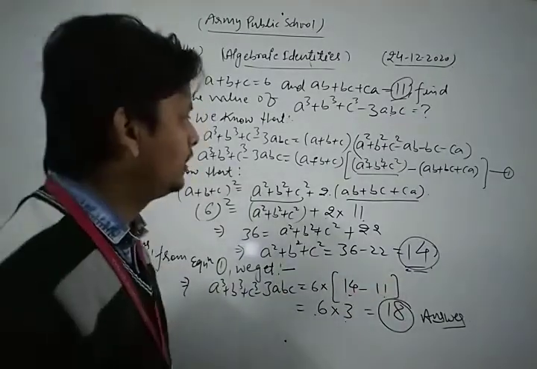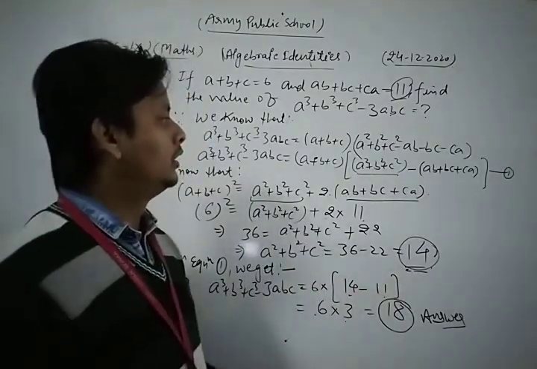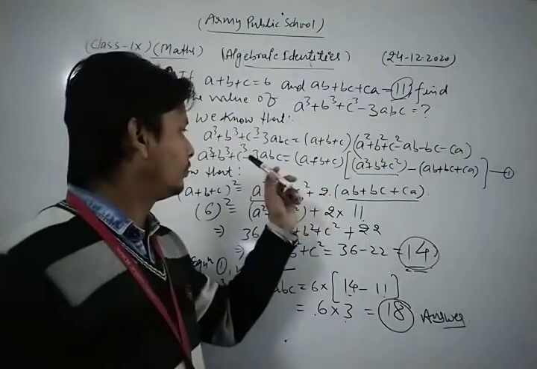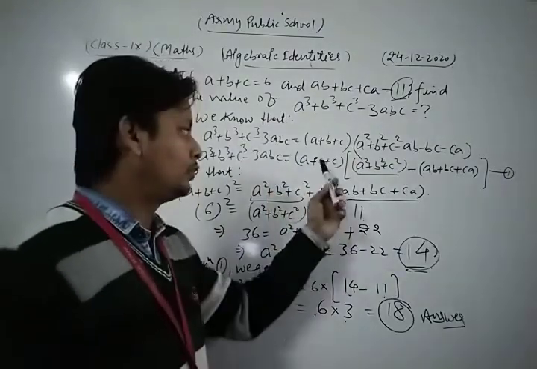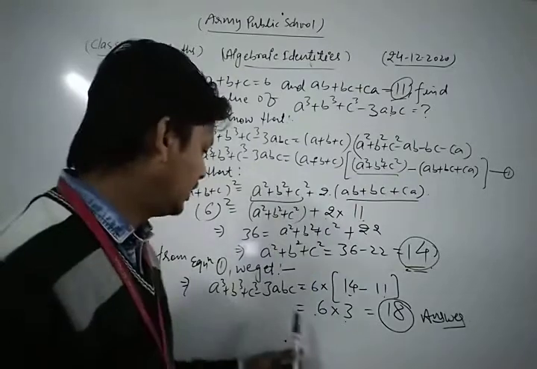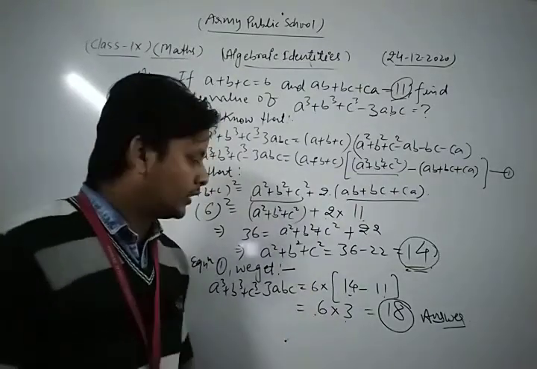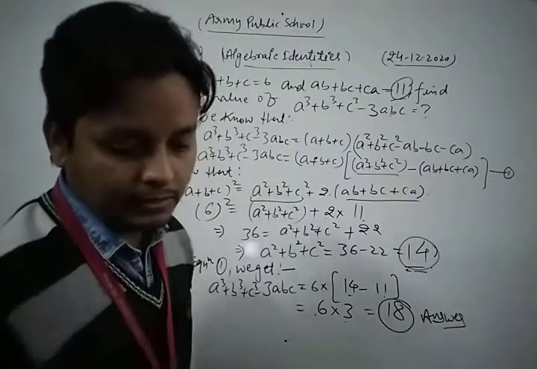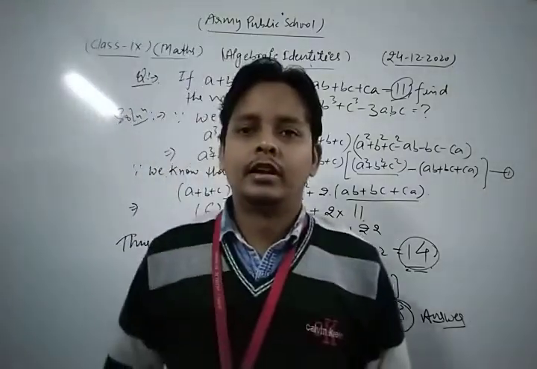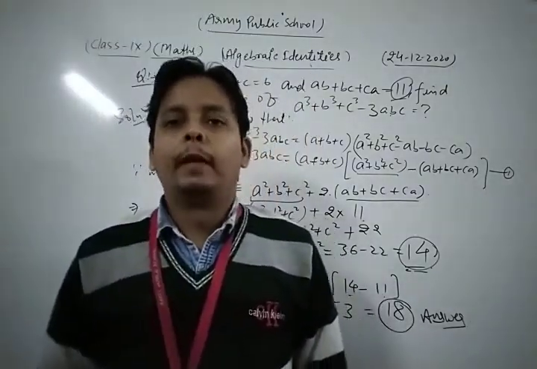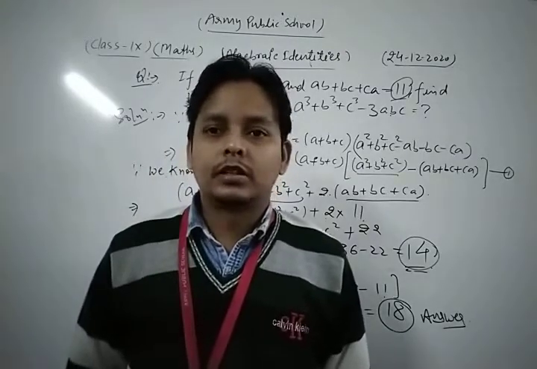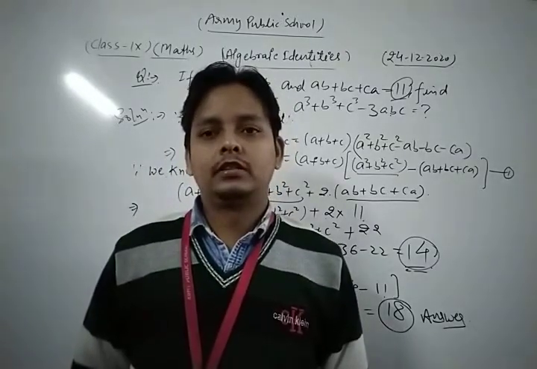Hence in this way we get all the values which we need for equation 1. So we put all the values in equation 1, and after solving we get our result, which is 18.